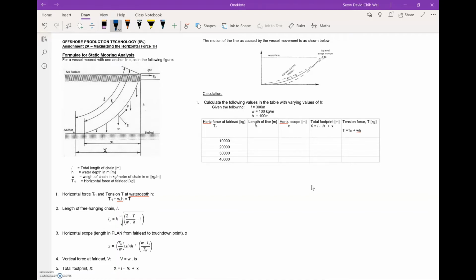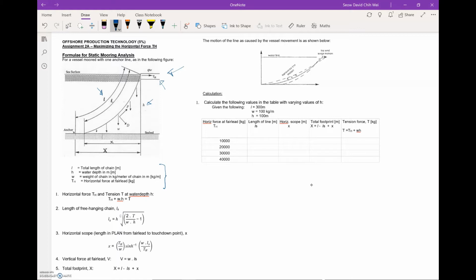Okay, so if you can look on the diagram over here where my arrow is pointing, we have the various geometry given. In this section here, we have L, the length of the mooring chain, H, the water depth of the vessel that's in, W, the weight of chain in kilograms per meter, and TH, the horizontal force exerted on the vessel.